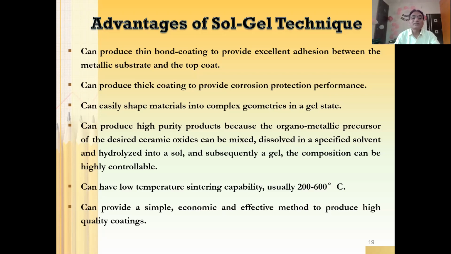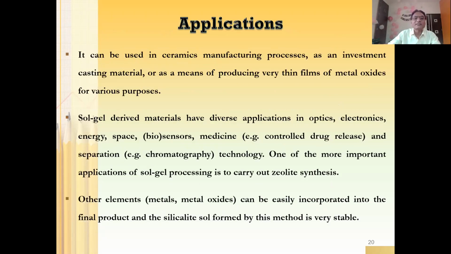Okay, so these are some of the advantages of the sol-gel technique. What are the applications? It can be used in the ceramic manufacturing process as an investment casting material or a means of producing very thin films of metal oxide for various processes. Truly speaking, it's not only ceramic manufacturing.